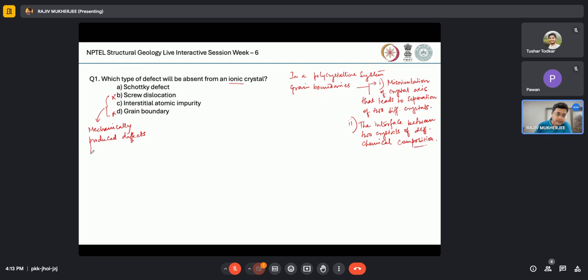Hence, they are present in both ionic and non-ionic crystals.